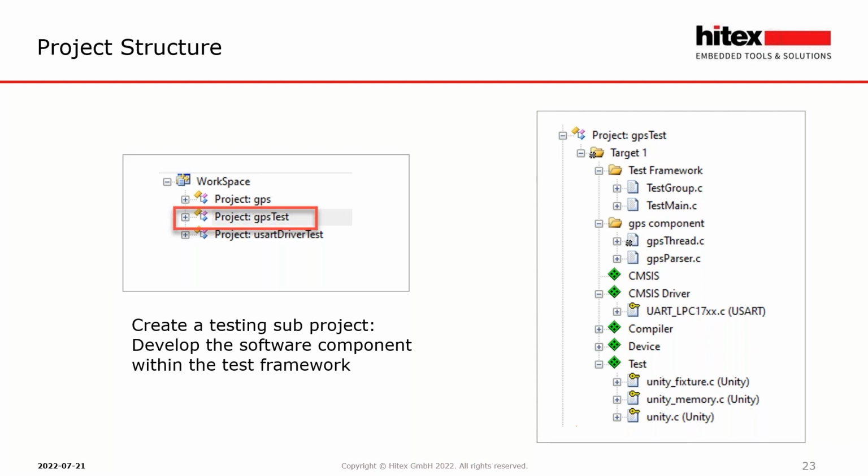In this case, we're looking at the code to read an external GPS unit, and then we can build our test framework around that, and indeed we can develop the GPS component within this sub-project. And the GPS component is using the CMSIS UART to talk to the external GPS unit.